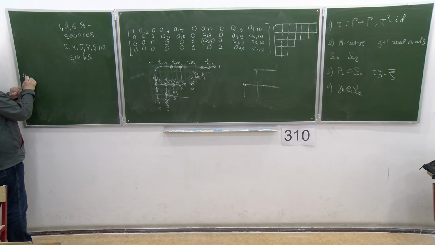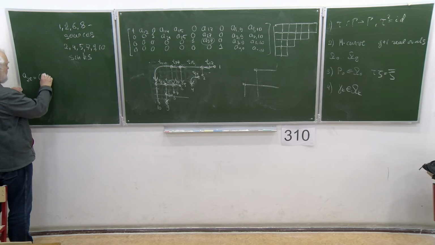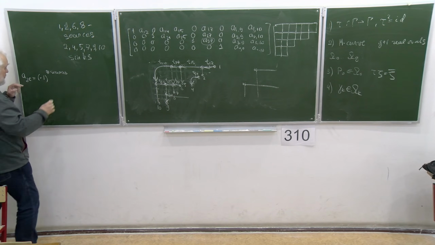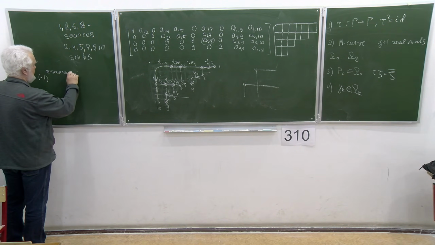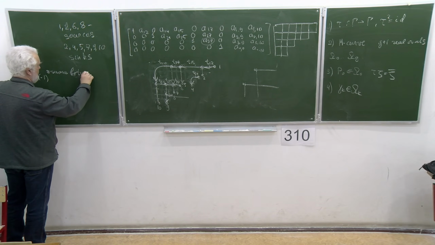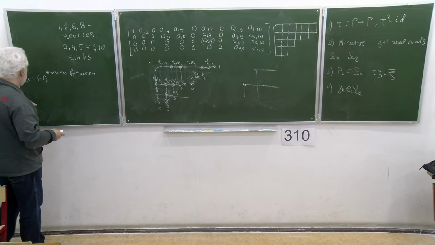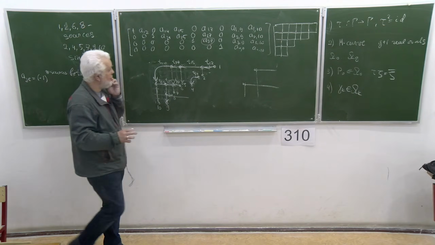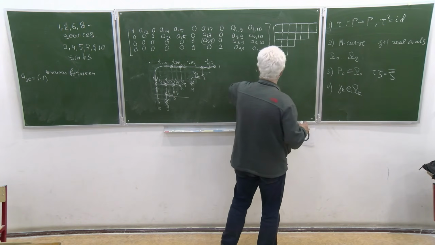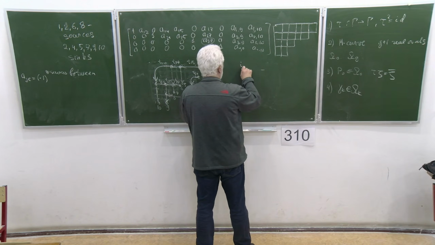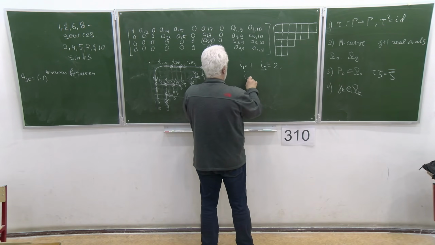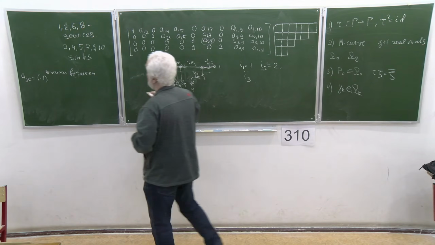A, J, L is sources between. Also, let me introduce the following notations. I1 is 1, I2 is, I'm sorry, not 2, 3.